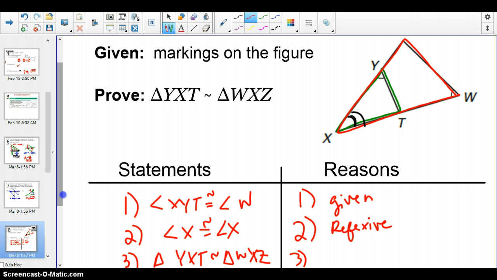So we have enough information now to say that these two triangles are similar because we have two corresponding angles congruent. The reason we can say these are similar is the angle-angle similarity postulate. You can just write angle-angle, that's fine. All right, we will do more tomorrow.